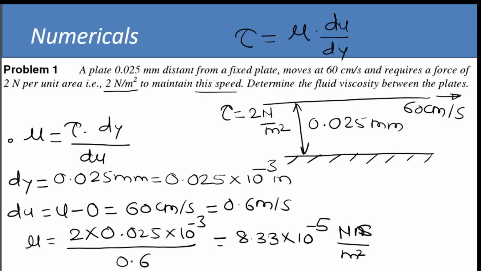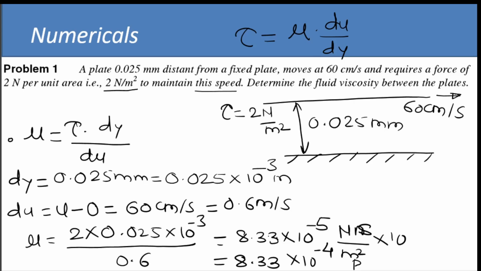As I told you, it is common practice to use the unit of poise. So I need to multiply it by 10. So I'll get the value of dynamic viscosity as 8.33 into 10 raised to power minus 4 poise.